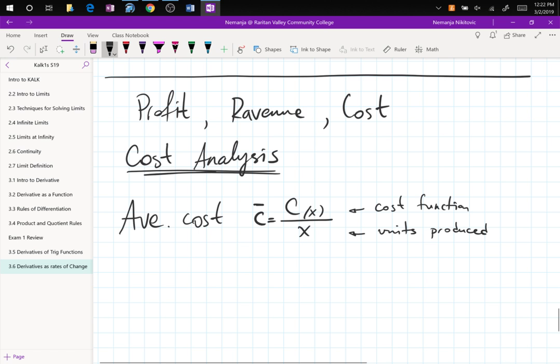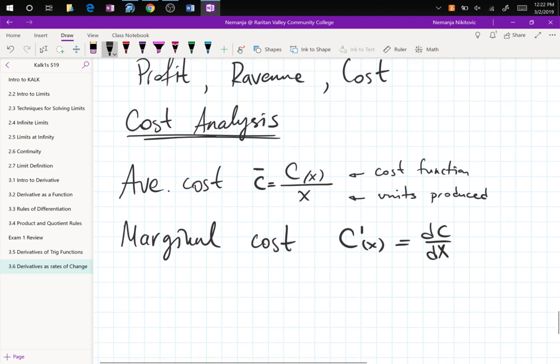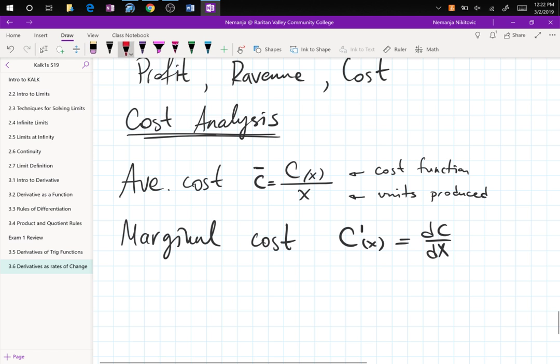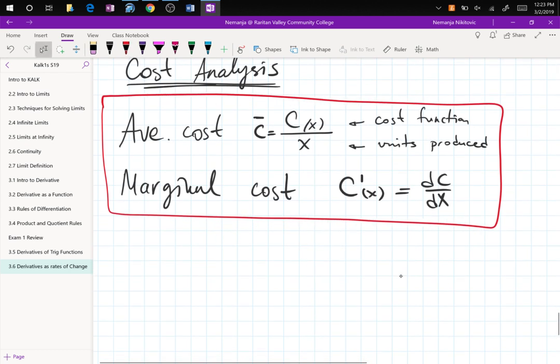Okay, and then we have marginal cost, which is simply the derivative of the cost function. You can also say dC over dx. Marginal cost is the derivative, and we'll understand what it does when we get to it. The cost, yes, of a single item. And we will understand, when I do the example, exactly where it falls.